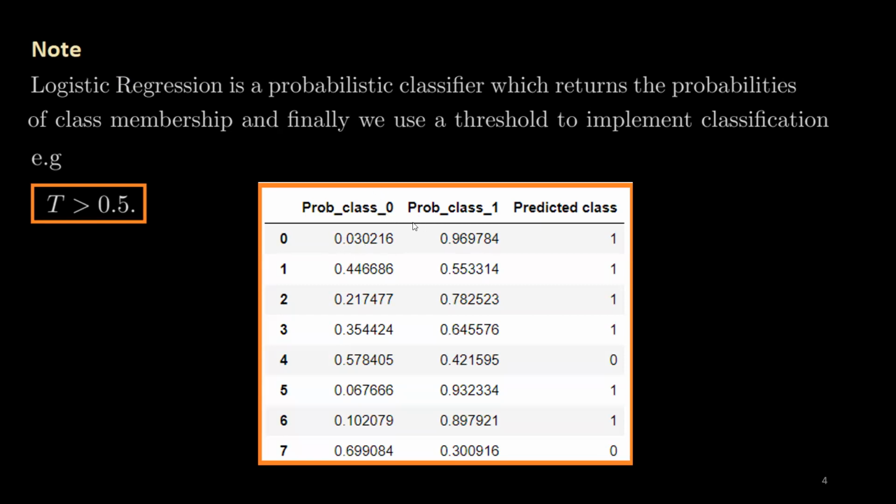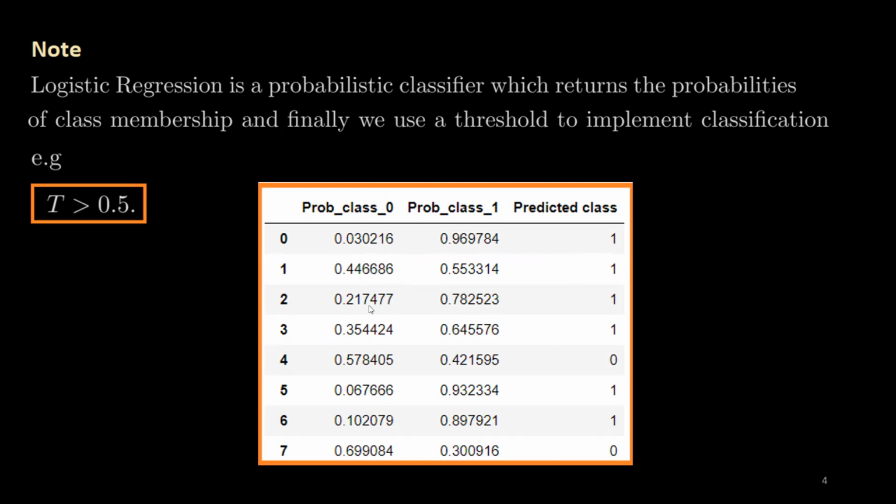Since the probability of class 1 is high, the predicted class is 1. For the second sample, logistic regression is saying that it is around 45% likely to belong to class 0 and around 55% likely to belong to class 1. In that case, the probability of class 1 is high, therefore the predicted class is 1.